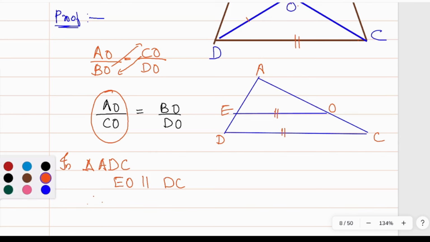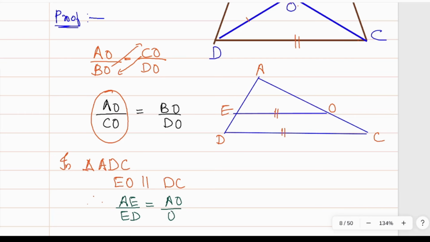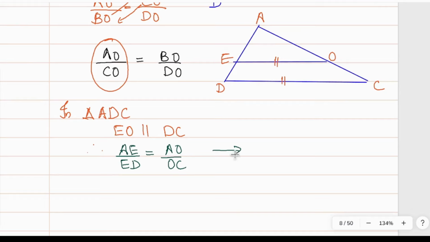Therefore, AE divided by ED equal to AO by OC. Clear? So for this one, I will give the equation number 1.